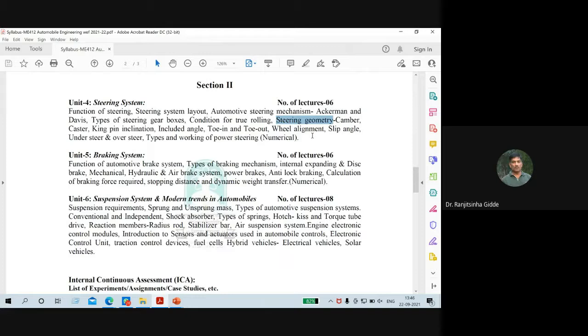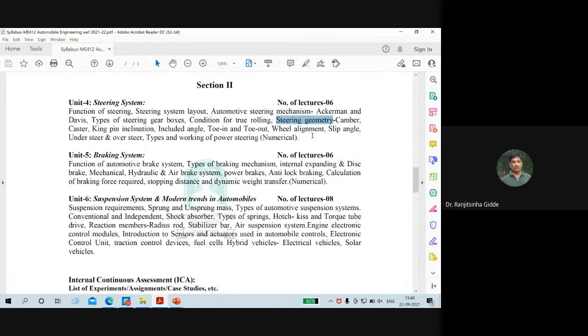For example, you can take two types of vehicle: one is a four wheeler and one is a six wheeler, or we can consider a truck or a bus. You might have observed the steering wheel for the four wheeler is small in diameter, and for the truck it is bigger in diameter.